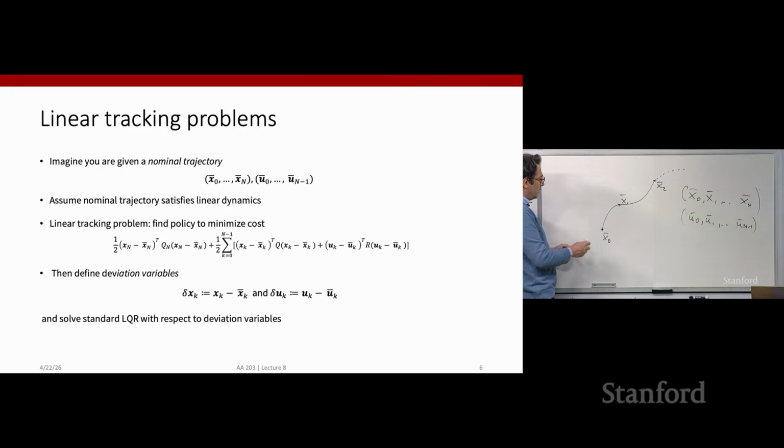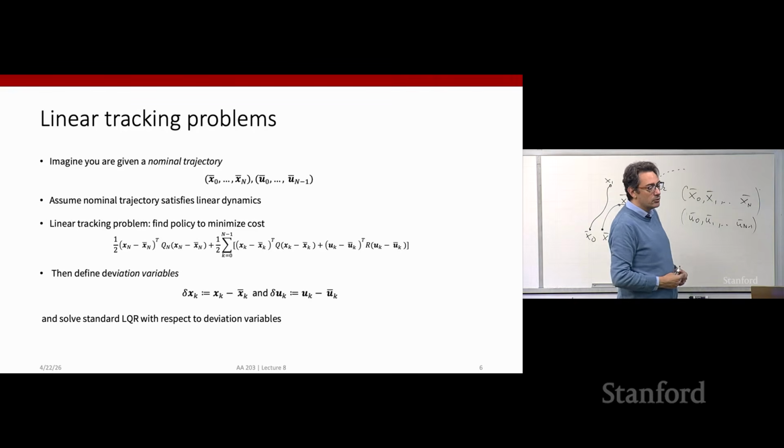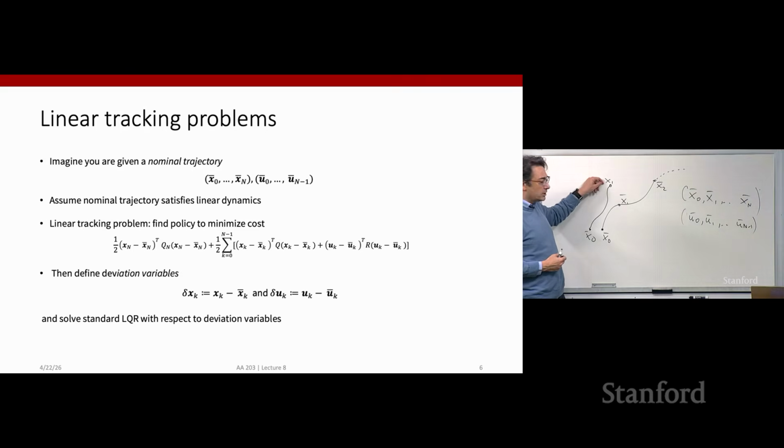So maybe you may not start exactly at x bar 0. Maybe you start here. Maybe there is some disturbance that brings you here. So the question is, how do we find a control U that brings the actual trajectory as close as possible to the desired pre-computed trajectory? That's the problem of trajectory tracking.